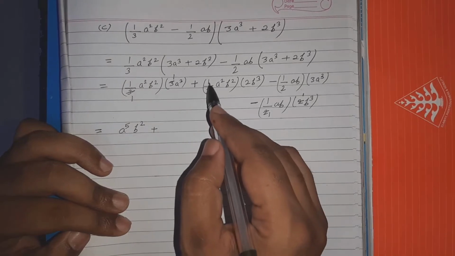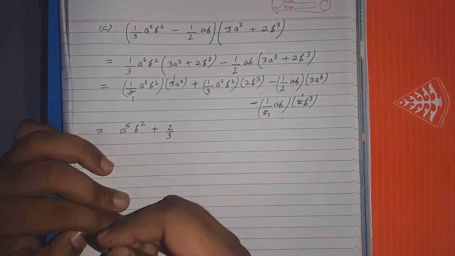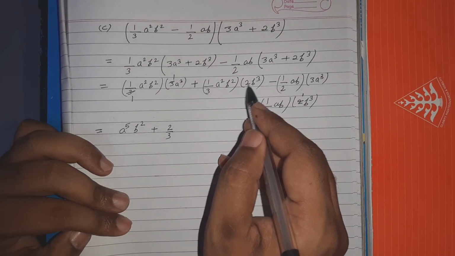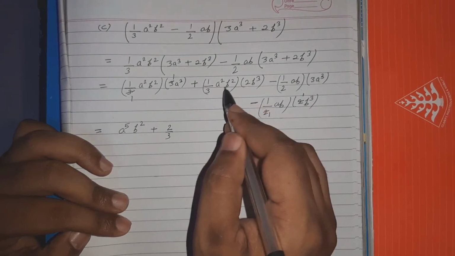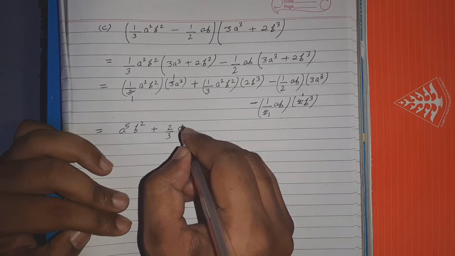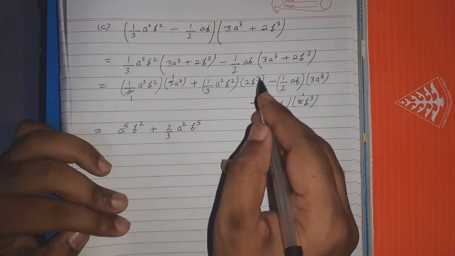So 1 by 3 multiply by 2, it will be 2 by 3. And b square multiply by b cube, so the base is same and both are in multiplication, so power will add, so it will be 2 by 3 a square and b raised to power 5.